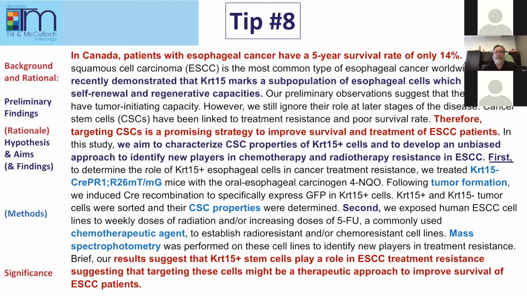They've got good data already showing this marker marks a population of cells which have stem cell renewal and regenerative capacities. Great, and now I really know where they're coming from, that this is probably a reworded version of their hypothesis. So it's really well done, and now I'm right into the preliminary data.